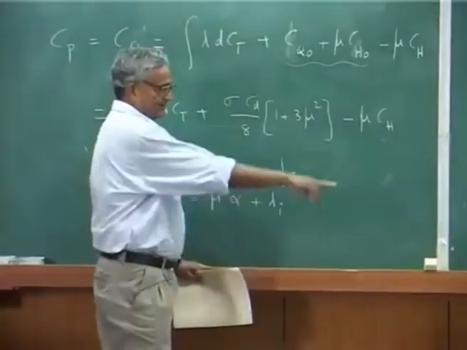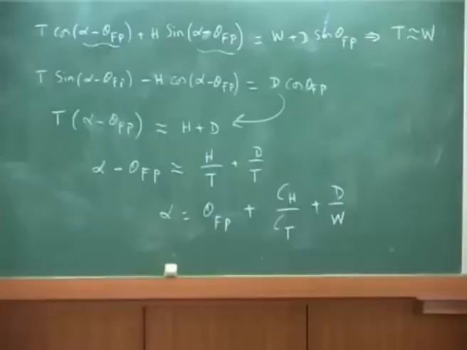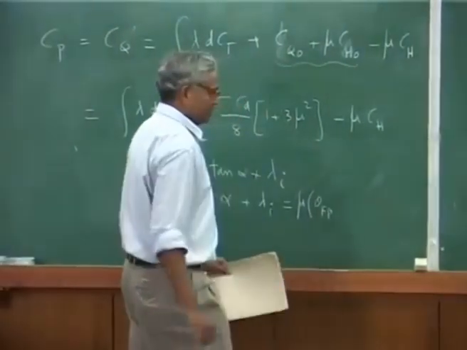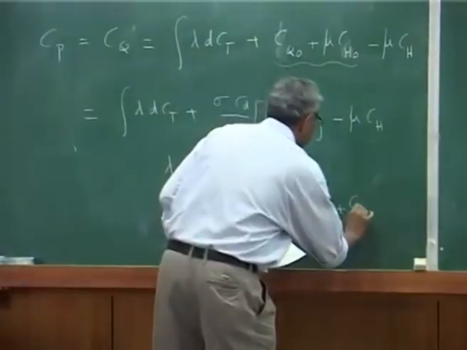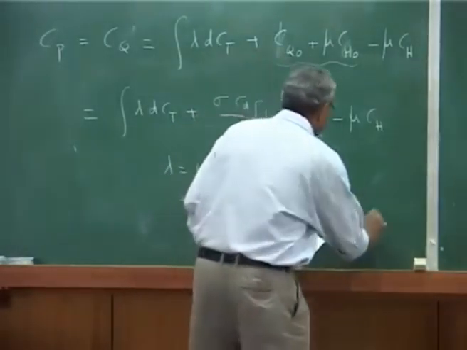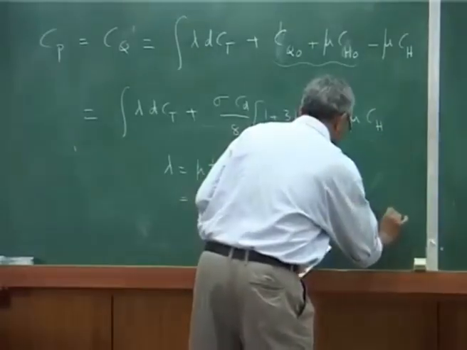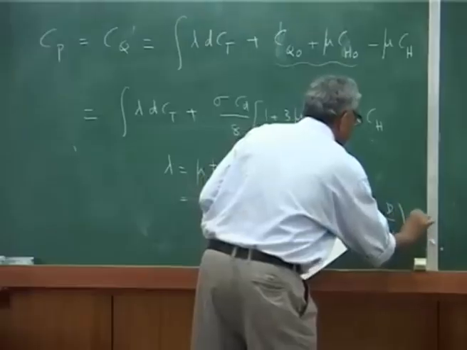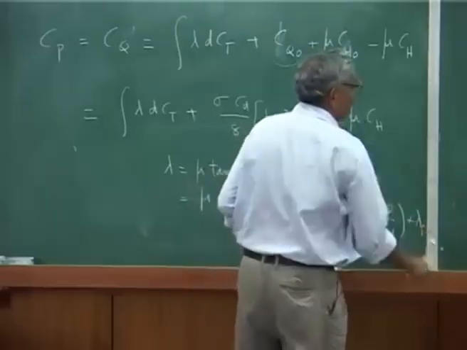For alpha, I am going to write that expression, okay, which is mu times theta f p plus C H over C T plus D over W, plus lambda i. Okay.